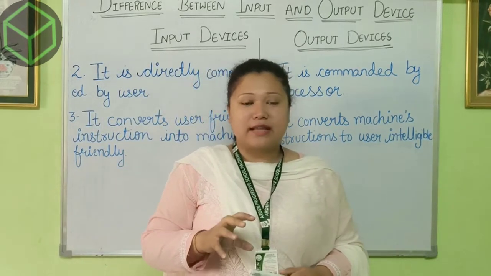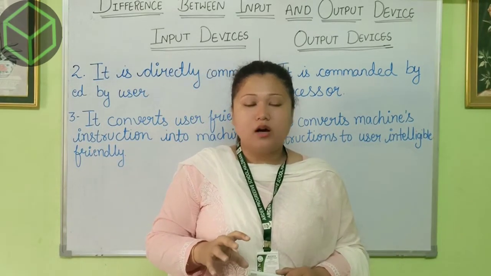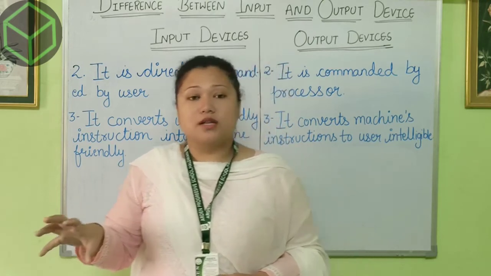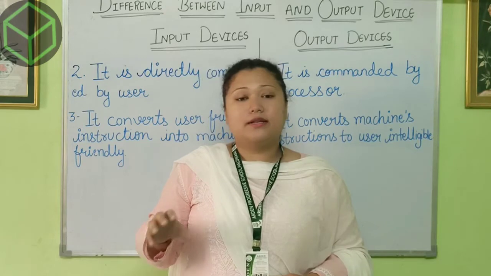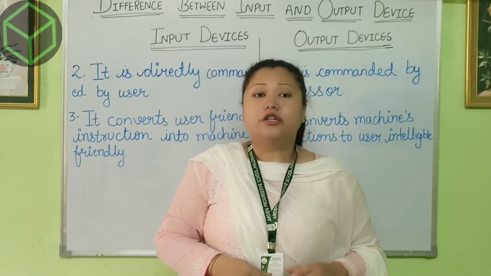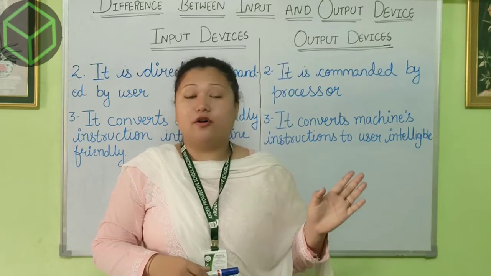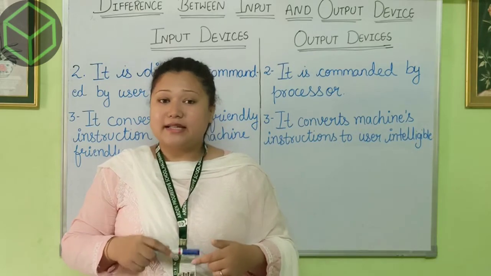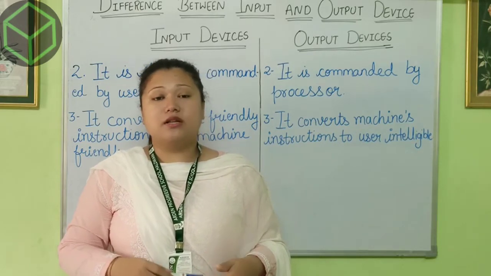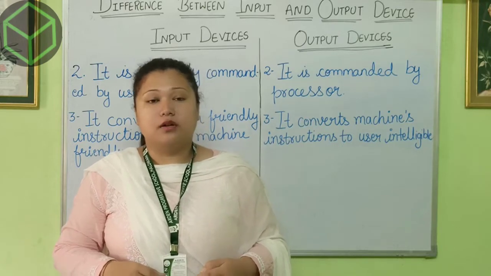After processing that raw data, the processed data will go to the output device. Suppose you have given the example 2 plus 2 with the help of input devices, and afterward it is processed inside the CPU. Process means solving your problem.